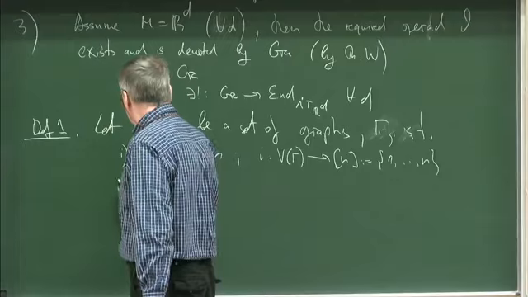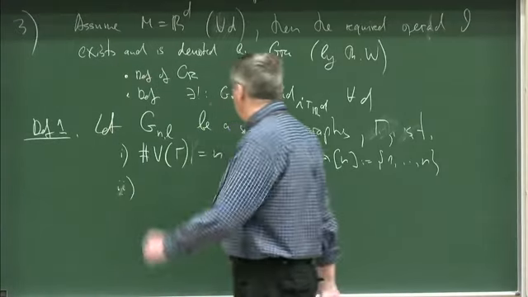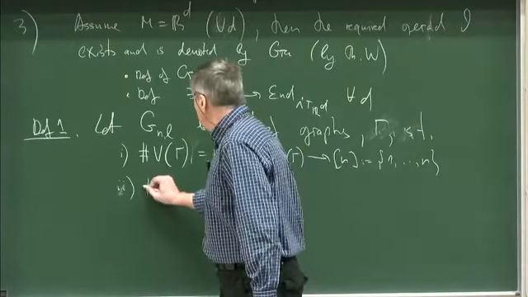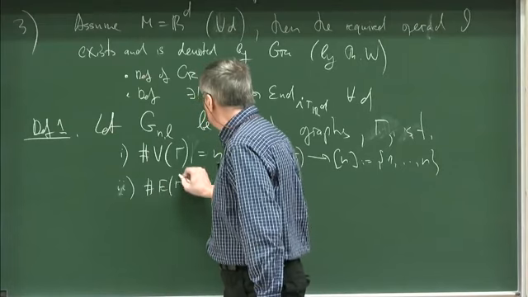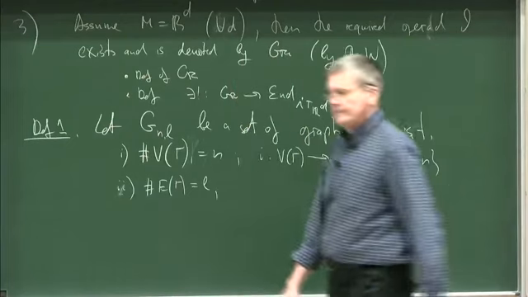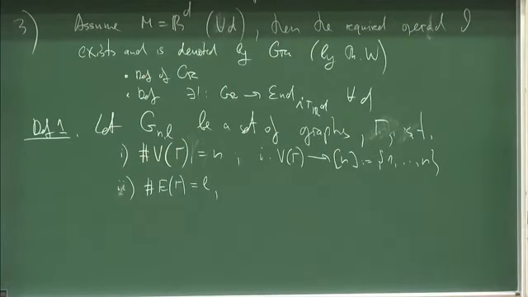Second, the cardinality of the set of edges is L. And moreover, we fix a total ordering of edges up to an even permutation. We call it orientation.